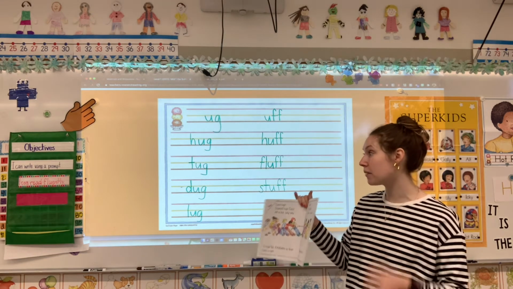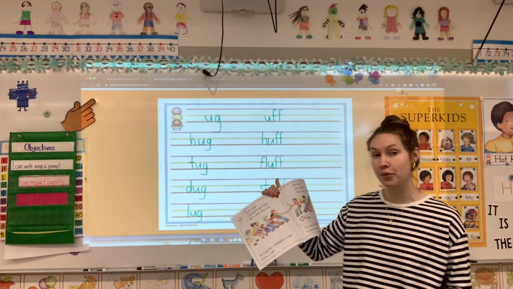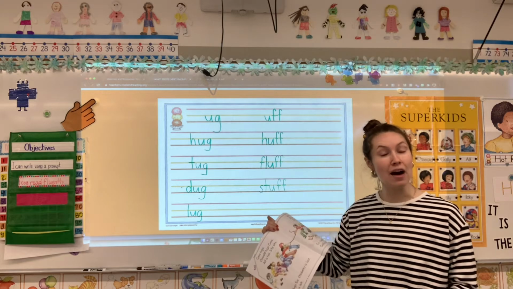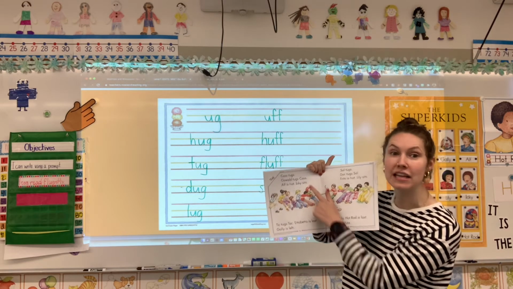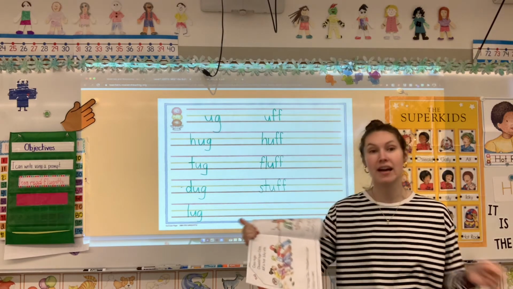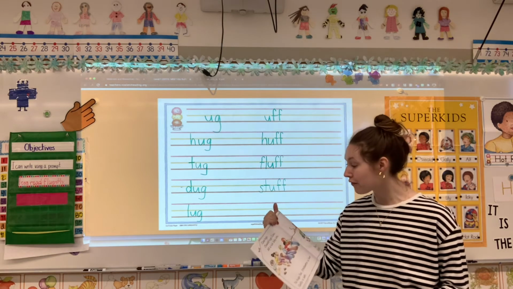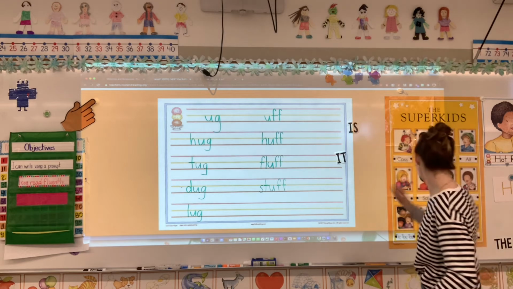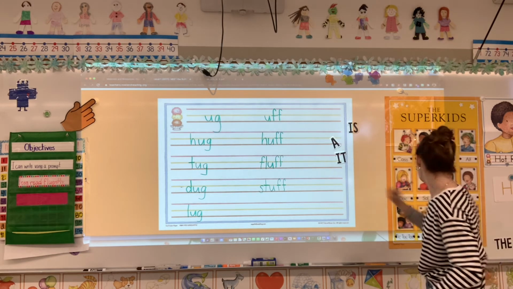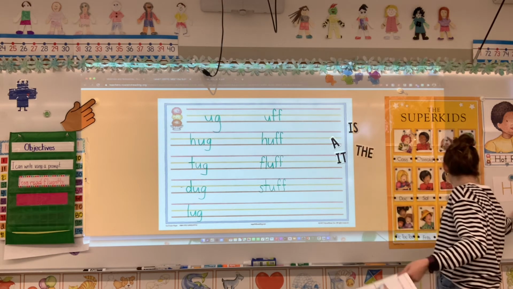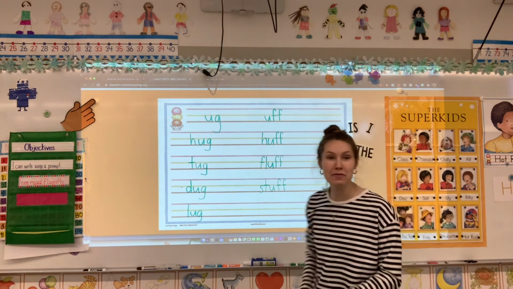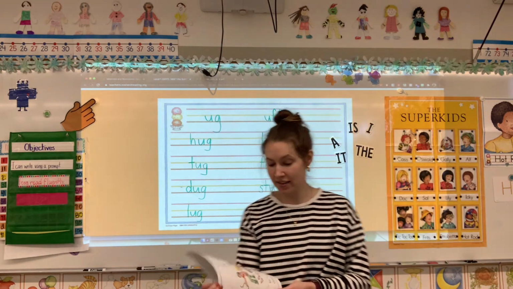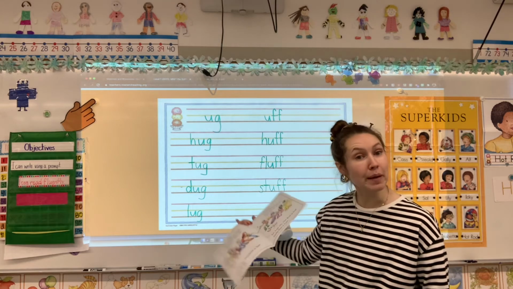Remember, like in our objective, reading fluently means that we're looking out for our punctuation, either a period or question mark or exclamation mark. We're looking out for those memory words, like it, like is, like a, like the, and like I. And looking out for our family words as well.